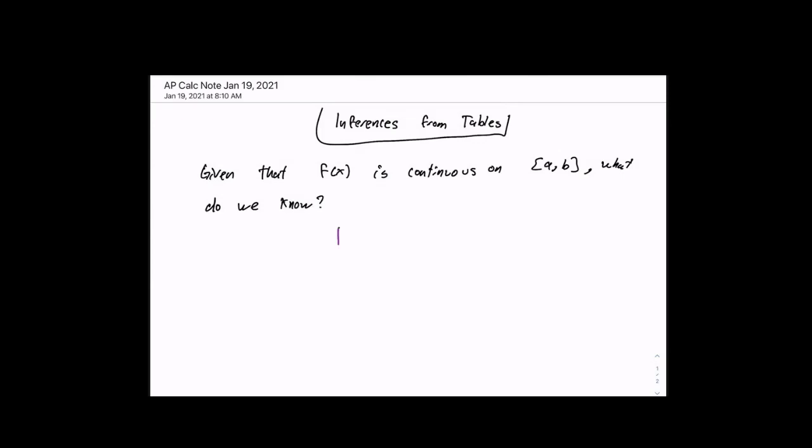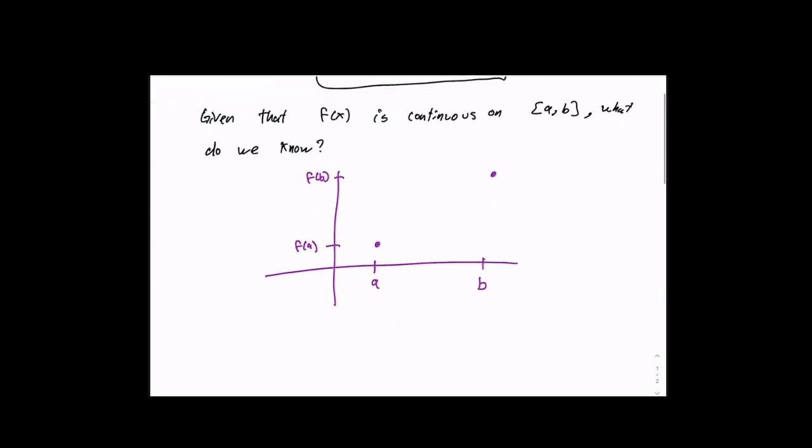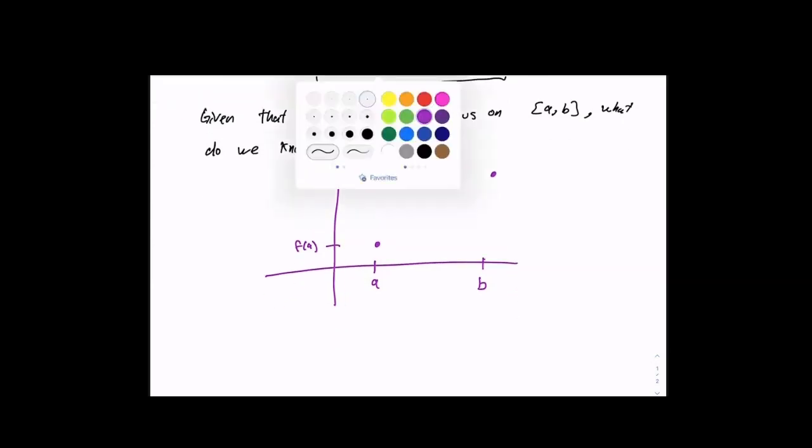So basically, all we know is a, b, and we know, of course, therefore, f of a and f of b. Now, we don't know what happens within here.